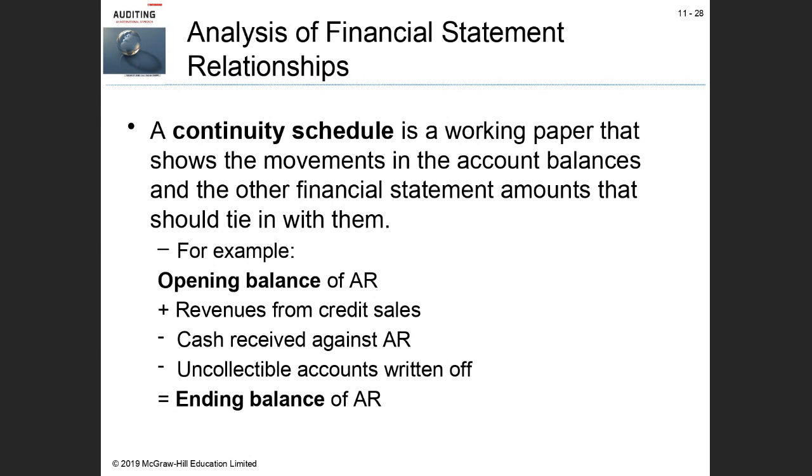Remember, analytical review is part of the substantive procedures that auditors can determine that they want to look at. So a continuity schedule would simply be, as they indicate at the bottom, you take your accounts receivable balance, for example, at the beginning of the year, let's say it was $10 million, you would add to your accounts receivable additional revenue generated from credit sales.